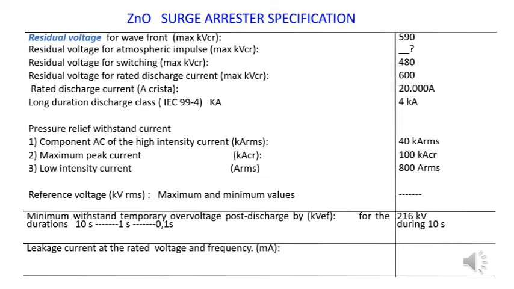We have here also the pressure relief withstand currents, which are the values, in this example here, 40 kiloamps, that can pass through the surge arrestor. It will explode, or rather the pressure will be relieved during the failure of the surge arrestor, and the small pieces, for example if it is made of porcelain, will drop in a space of 45 degrees from the top of the lightning arrestor.